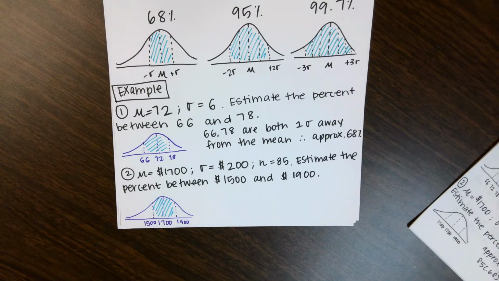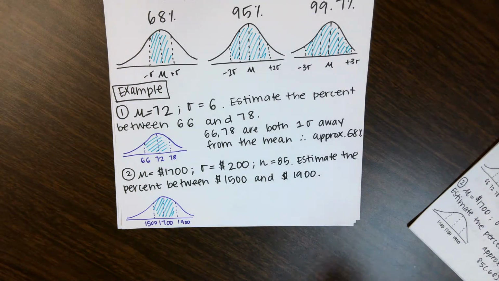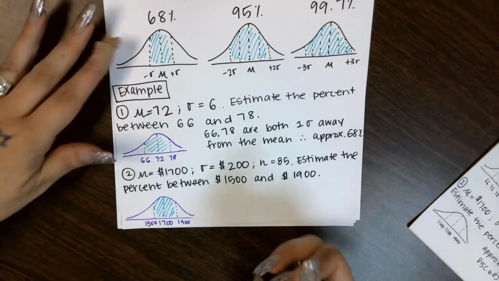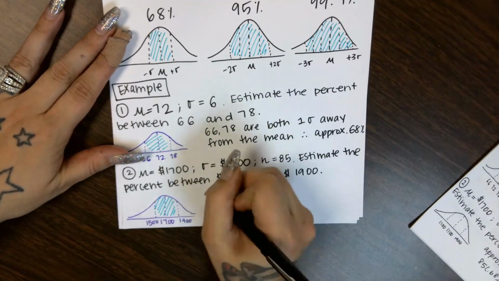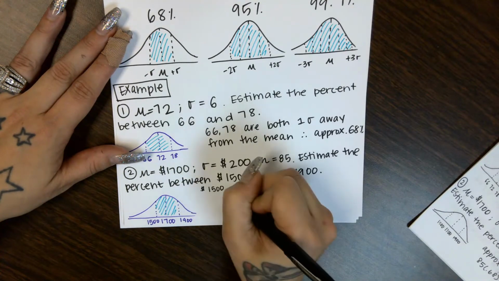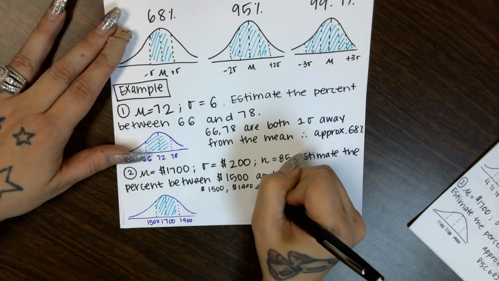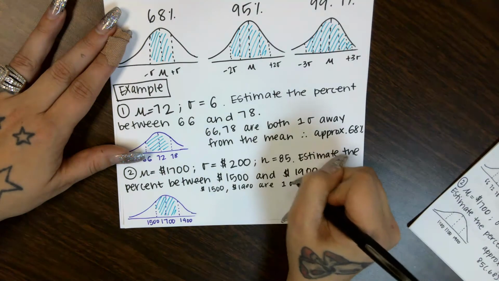But the difference here is because they gave me a sample size. Here, let me just figure out how to write this down here. 1,500 and 1,900 are one standard deviation away.